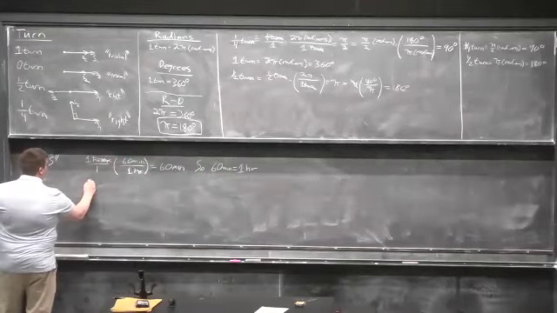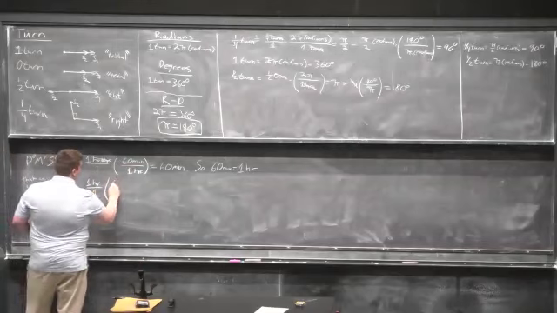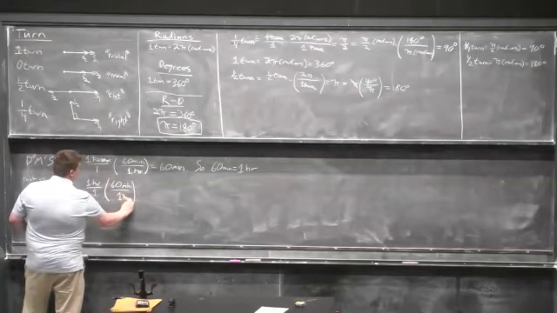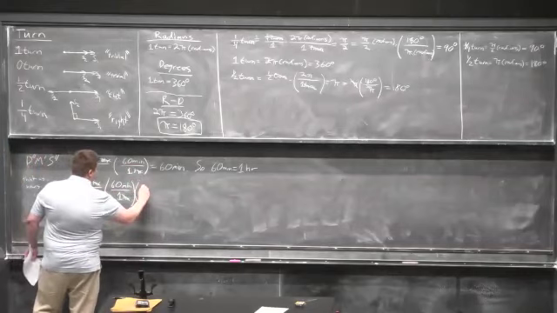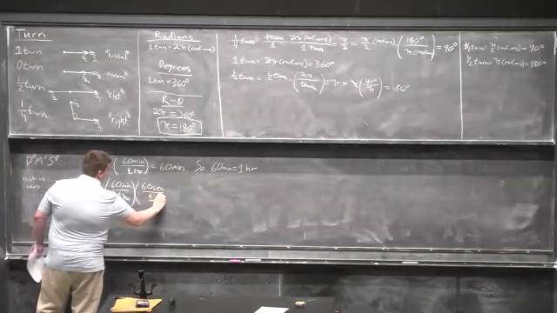Well, if I have 1 hour and I times by 60 minutes again over 1 hour, my hours cancel, but now I want seconds. So I times by 60 seconds per 1 minute.